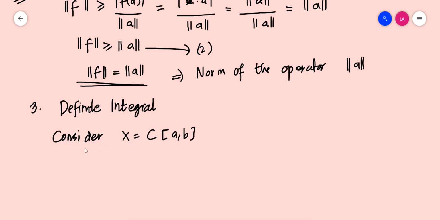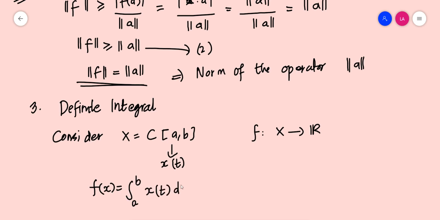Now for every x of t in C[a,b], define our linear functional f from X to R as f of x equal to integral a to b of x of t dt.